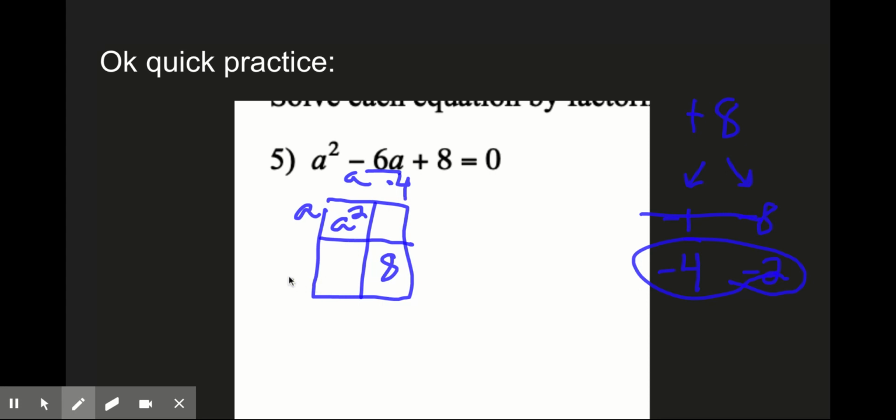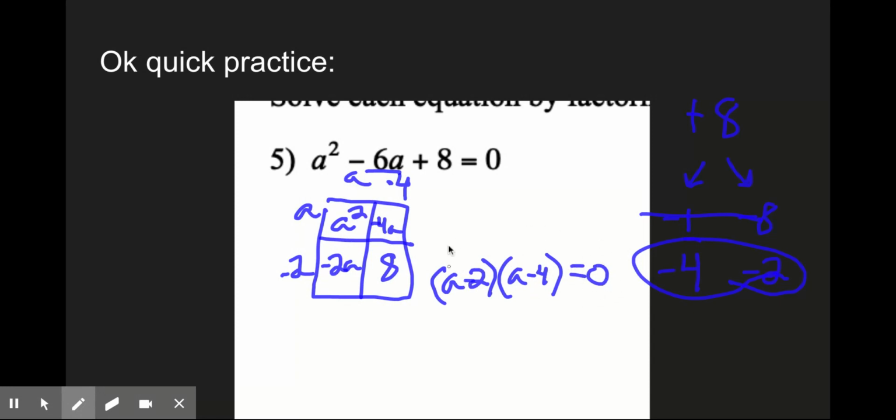-4, -2, so that I have -2a, -4a. All right, great. So what is this telling me? That the factored form is a minus 2 times a minus 4. And I'm setting it equal to 0 because that's what I'm trying to solve for, is when is the output 0?